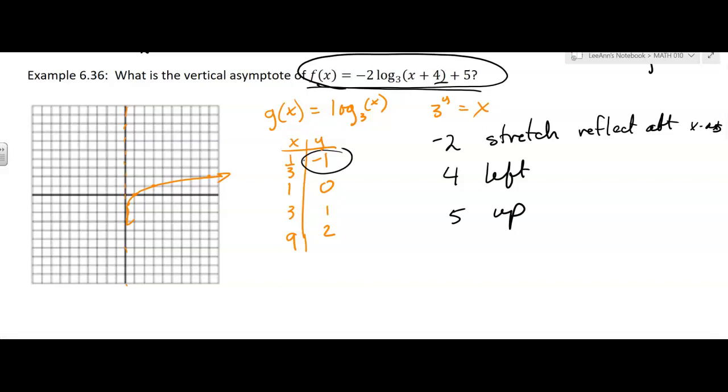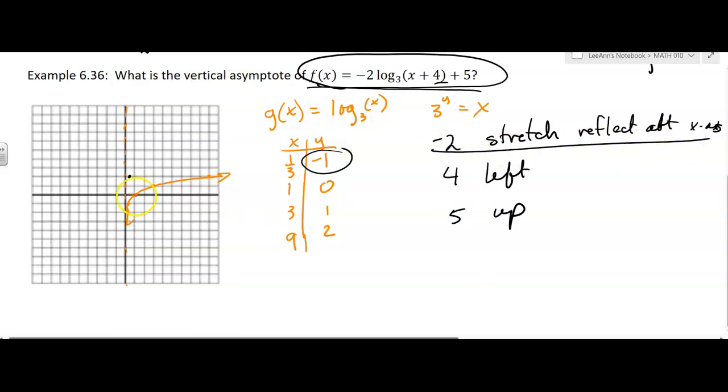So if I were to take the parent function and multiply that by -2, so it'd be, let's see, -2/3, right? Let's see, make sure I'm doing this right. Put in 1/3 and I would get +2. Okay, so 1/3 +2 would be like up here. This is just going to show the stretch and the reflection. I'm just doing this part right now.